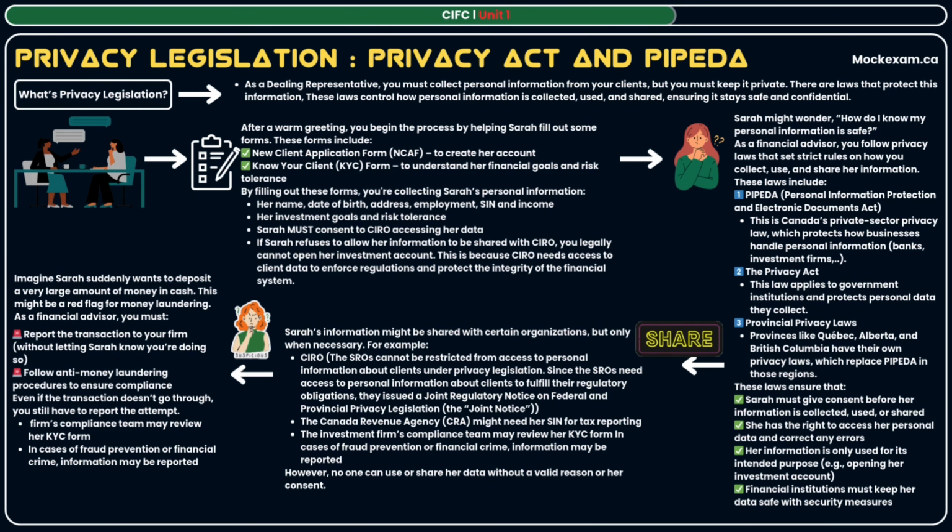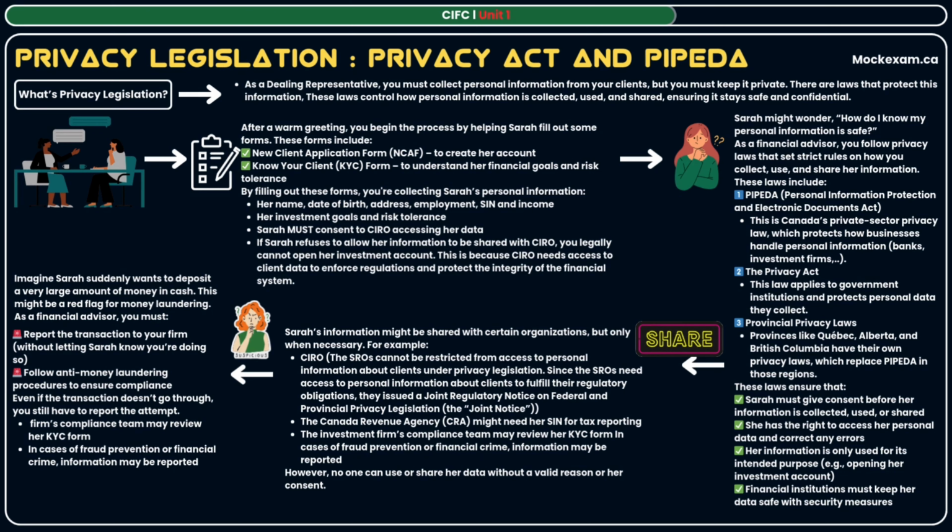You just report it and document everything. Those details that we talked about in previous lectures, you have to document them and then report it to your compliance department. Remember, you have to follow anti-money laundering procedures to ensure compliance, even if the transaction doesn't go through. So, you may not deposit Sarah's money in her checking account because she looks suspicious.